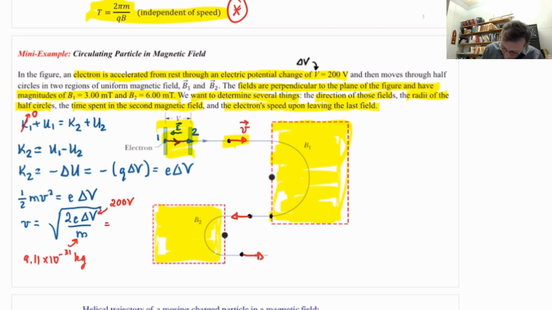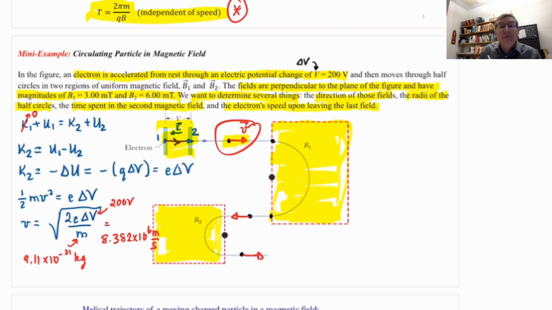I'm going to keep an extra sig fig. 8.382 times 10 to the 6 meters per second. Pretty fast, but it is a very light object, an electron. That's how fast it's going then here. And all along that straight line up there until it enters the region where the field is, B1. Right there is where it first enters, yes?